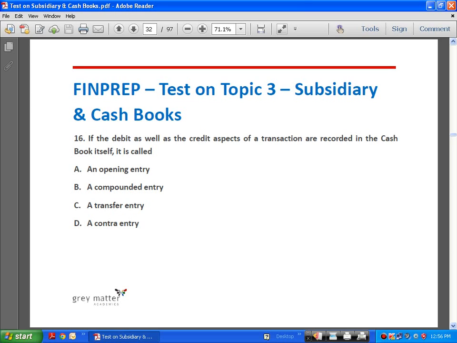We would show the debit in the bank column of the cash book and we would show the credit in the cash column on the credit side of the cash book. So both legs of this transaction are being posted in the cash book and hence it is called a contra entry. So answer is D.